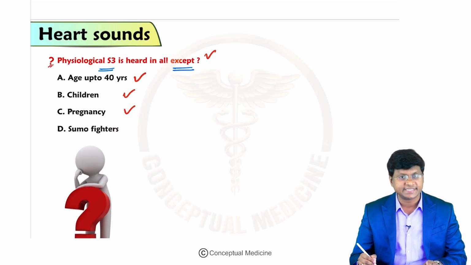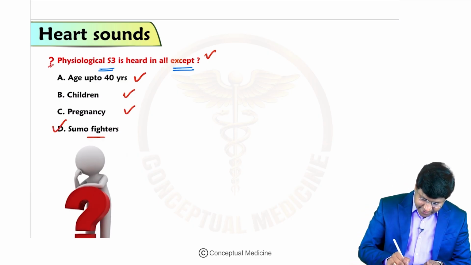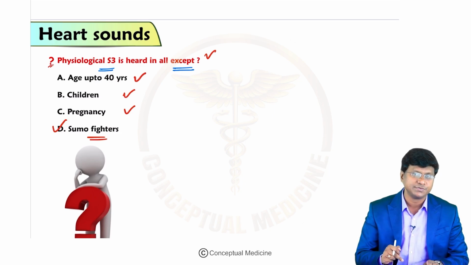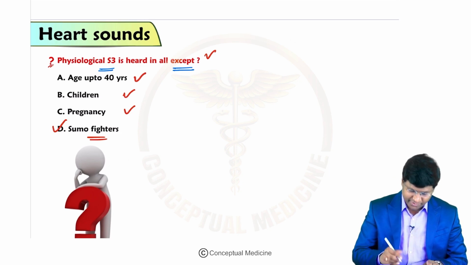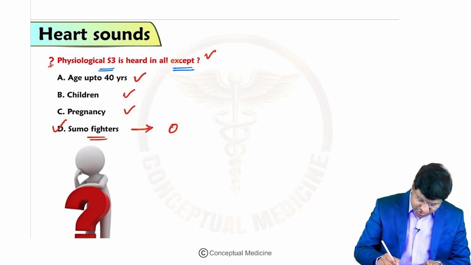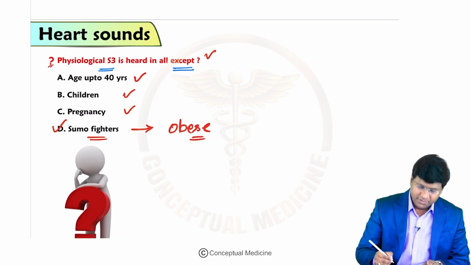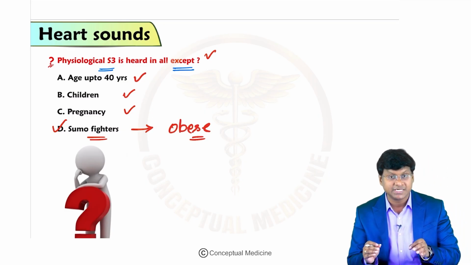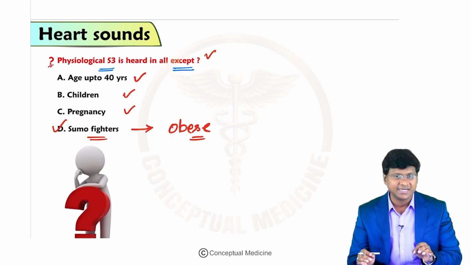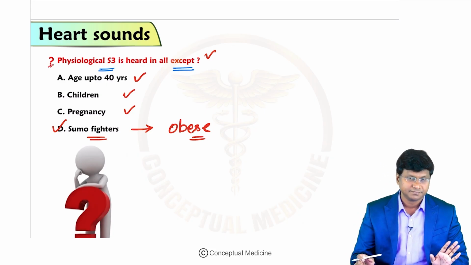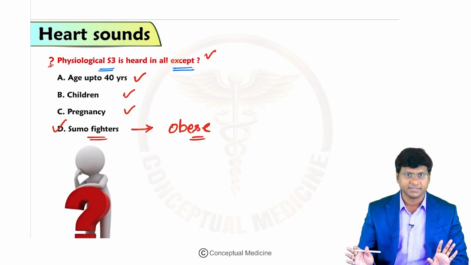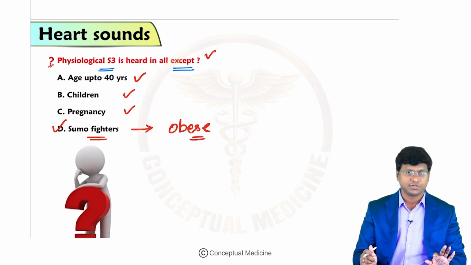In pregnancy, physiological S3 is heard. But in sumo fighters, you don't hear the S3 because sumo fighters are extremely obese individuals. When you are auscultating an obese individual, the heart sounds will be muffled. So that is about the physiological S3.